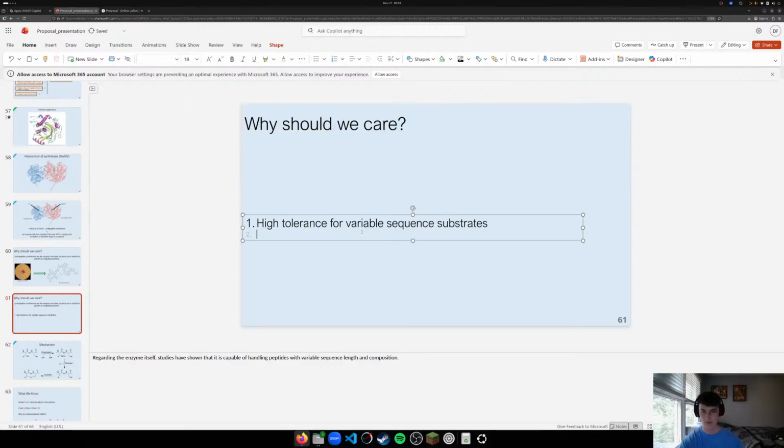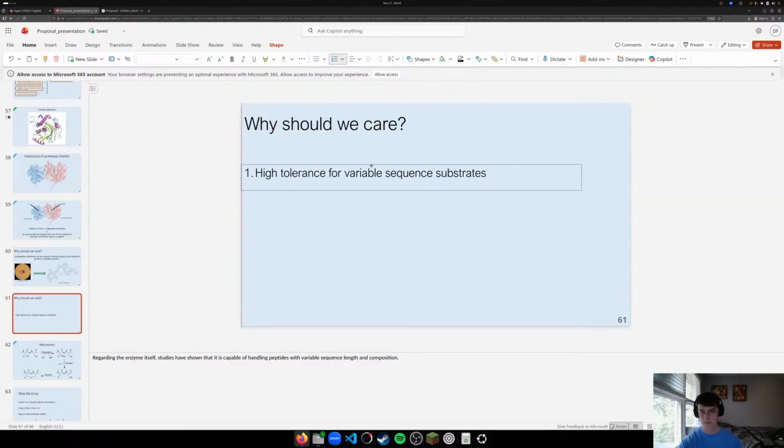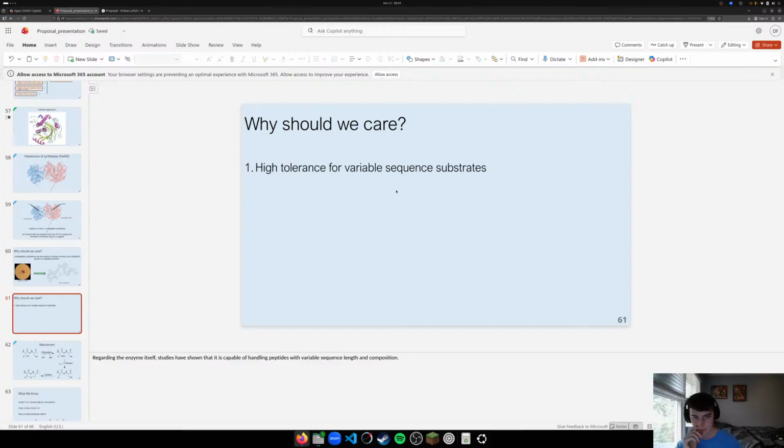Get rid of this. High tolerance for variable sequence substrates.